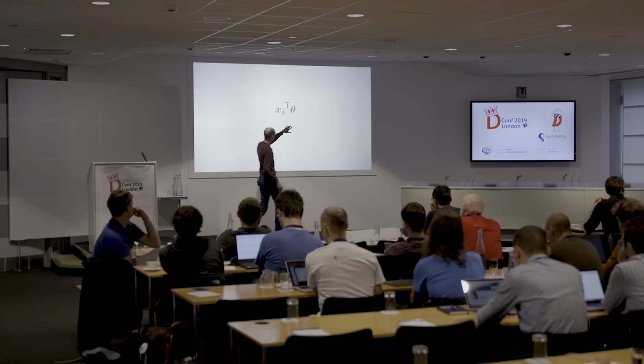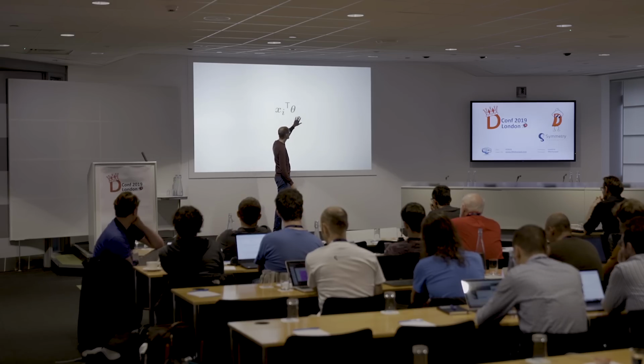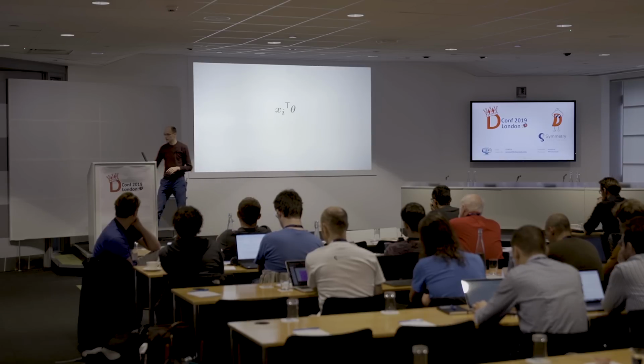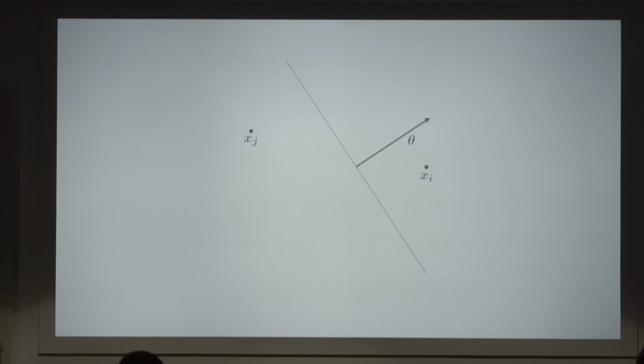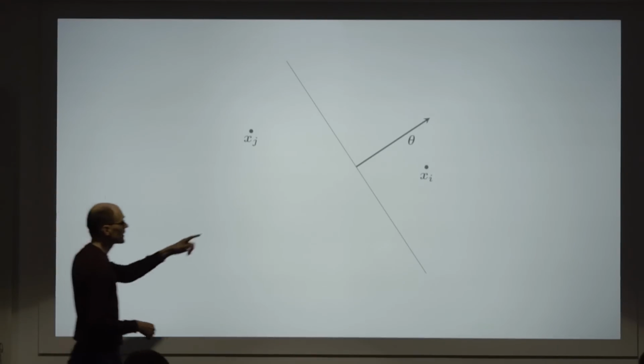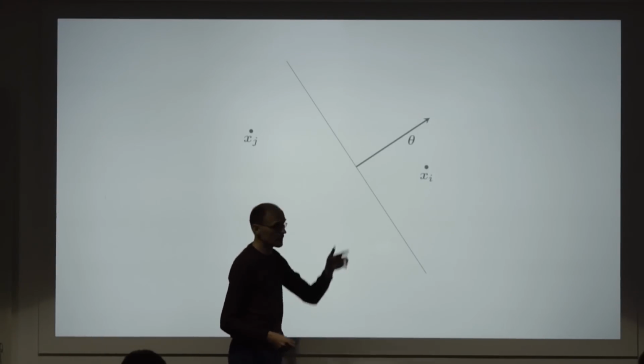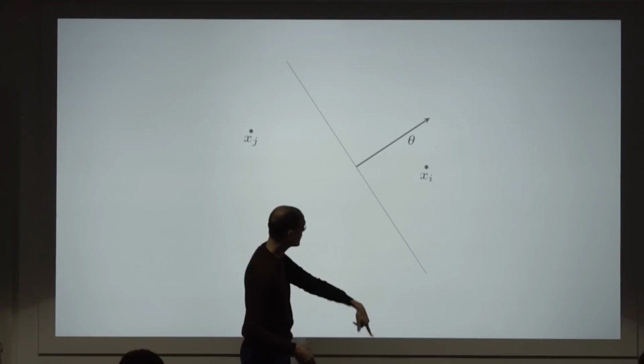Because if you just imagine you make it into an equation, let's say this equals 0, then you have what is called a hyperplane. So a hyperplane looks like this. Essentially this is our theta, that's the normal vector that is perpendicular to this hyperplane.